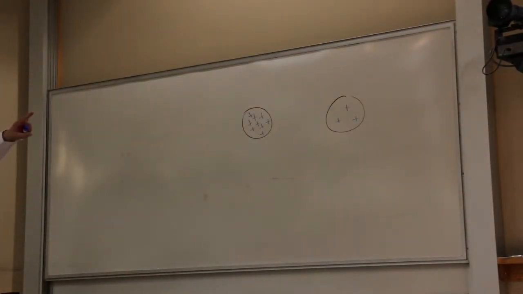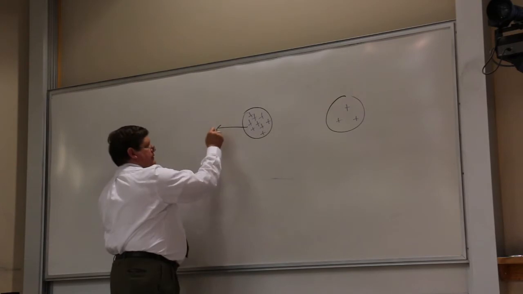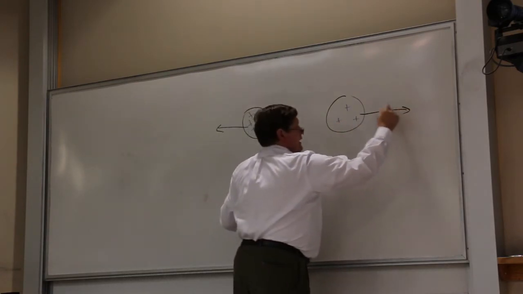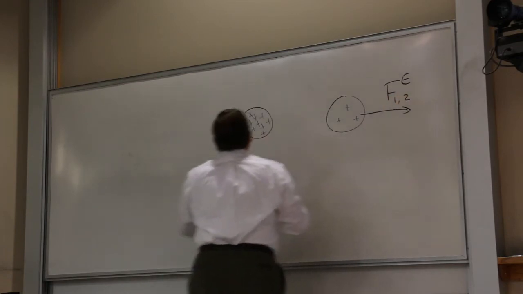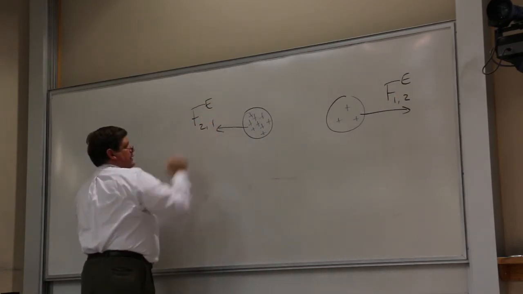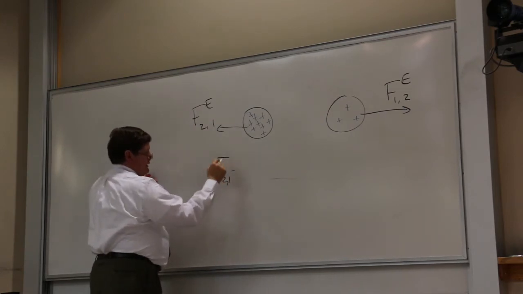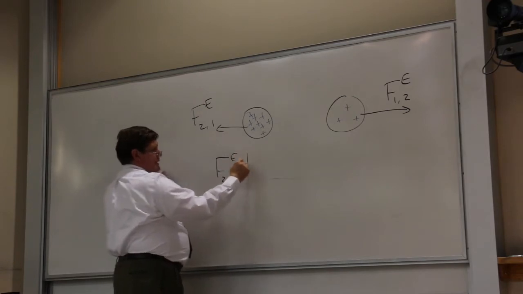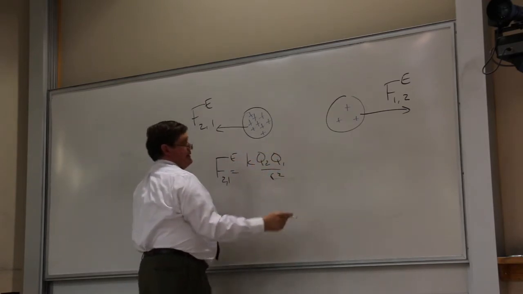And if we believe Newton's third law, if we believe Coulomb's law, we recognize that this would be the electrical force by 1 on 2, this would be the electrical force by 2 on 1. The force of 2 on 1 is going to be K Q2 Q1 over R squared.